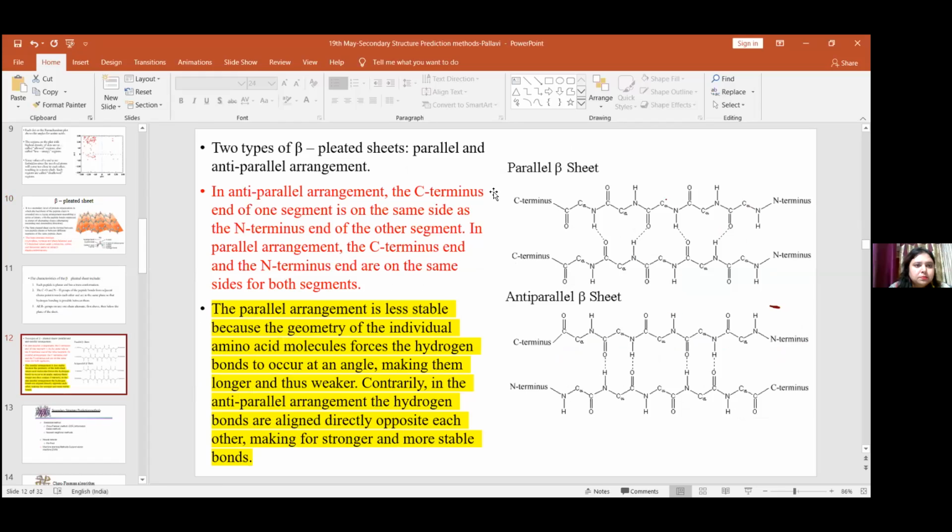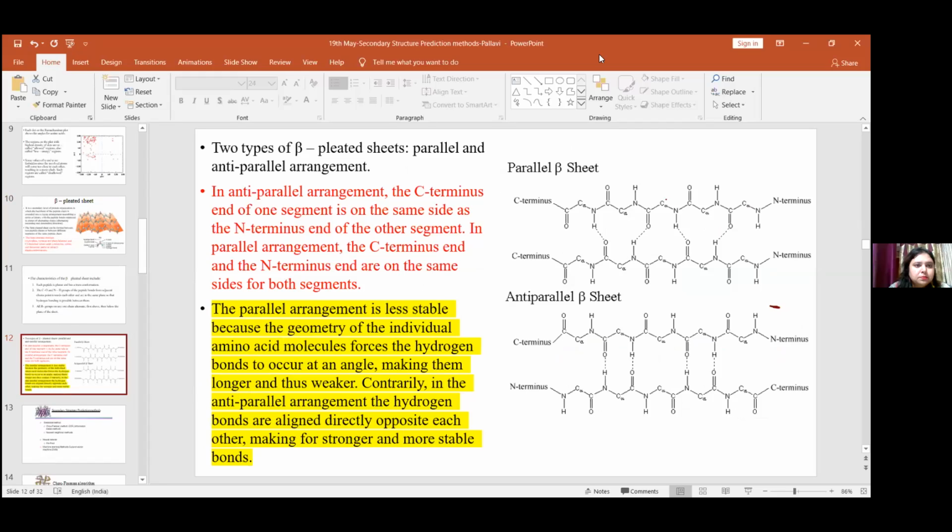Here you can see that two peptides have arranged themselves. This is my C alpha atom, the main carbon atom, which is linked to the carboxylic group and NH group, forming a peptide bond. In the first sheet, both the polypeptides have their C terminus towards one end.